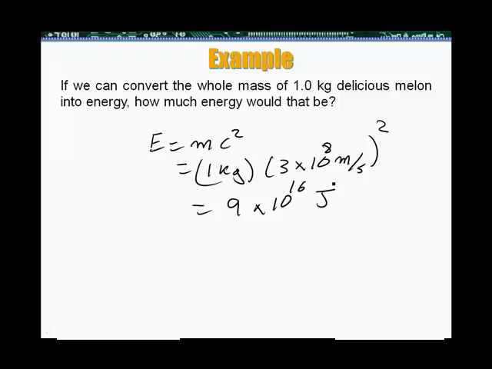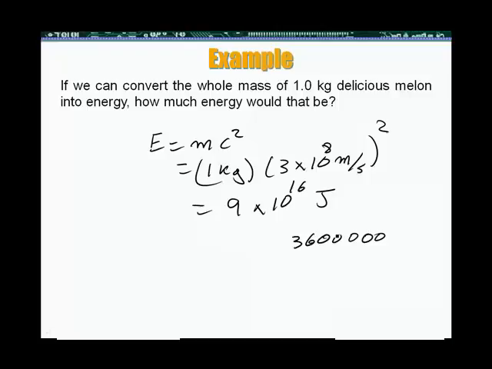That's quite a bit. Now, we talked before about kilowatt hour. We said a kilowatt hour is 3,600,000 joules.